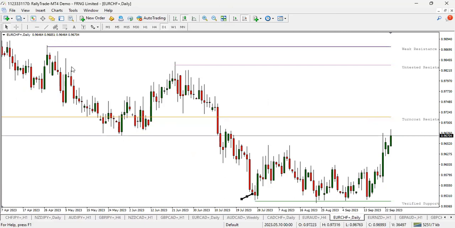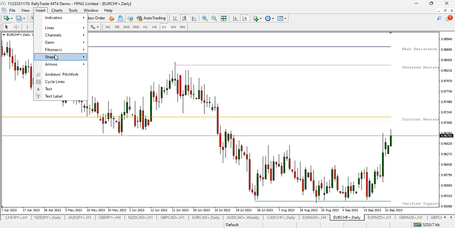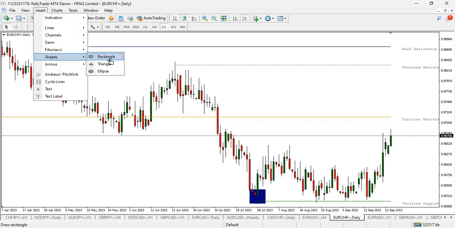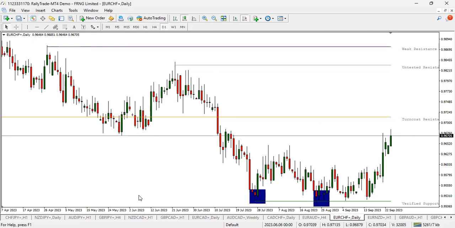So as we can see, price has changed direction from here. Let me try and highlight the places. Yes, this is one. Then this is two. See? If we look at the color of the candle that got there first, it's always a red candle that will get there first.